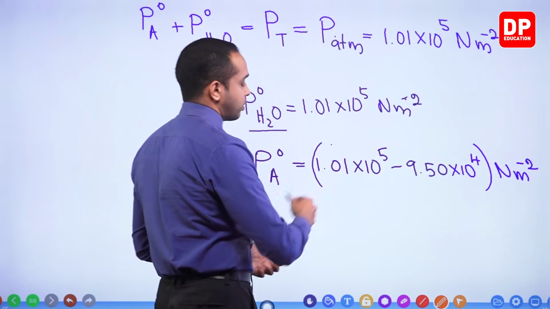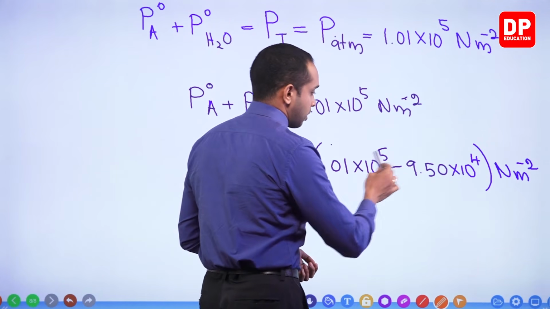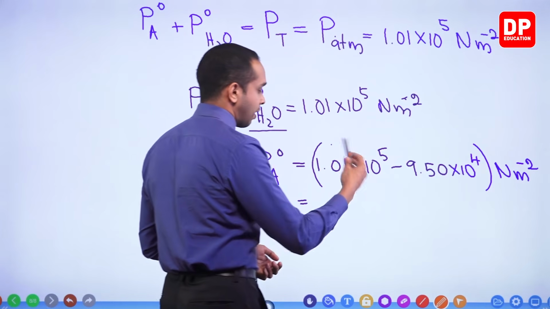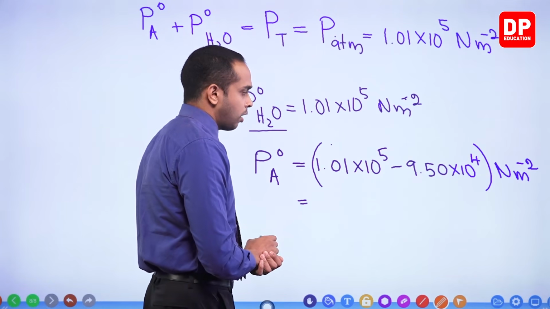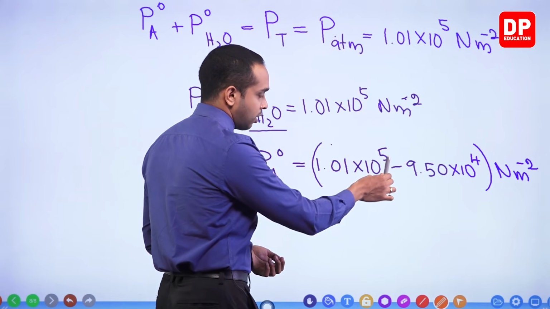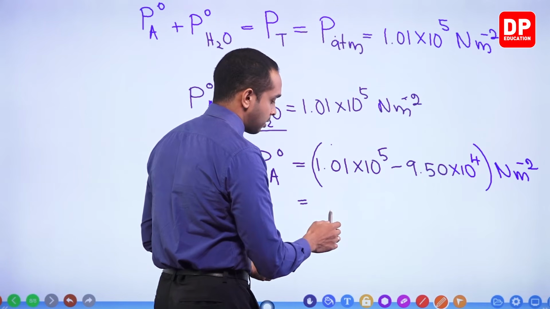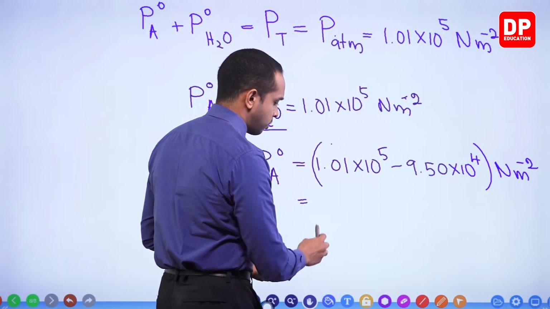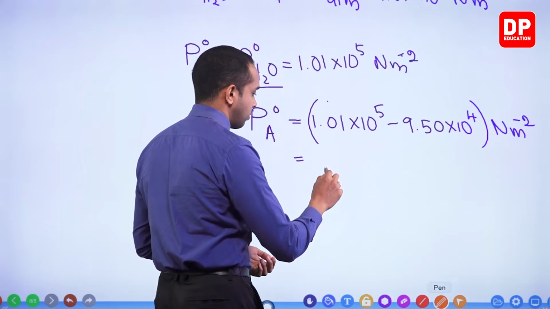Now you can't just subtract these two because the 10 to the power figures are different, so we have to bring them to the same value. In order to do that, we can jump this decimal place once to this side, so then this 10 to the power figure turns into 10 to the power 4. Let's do that and write for clarity.